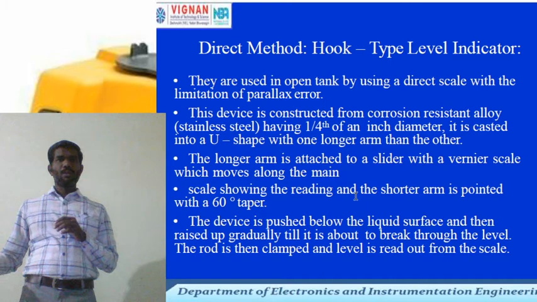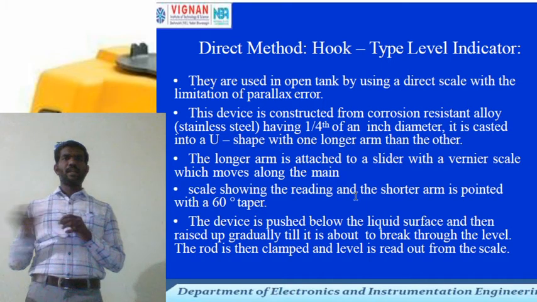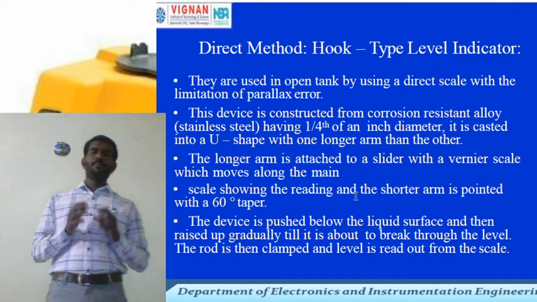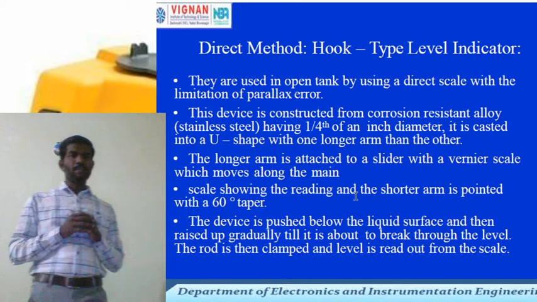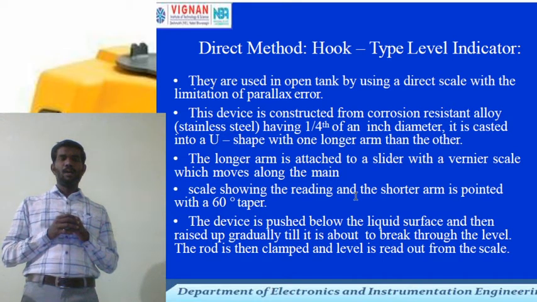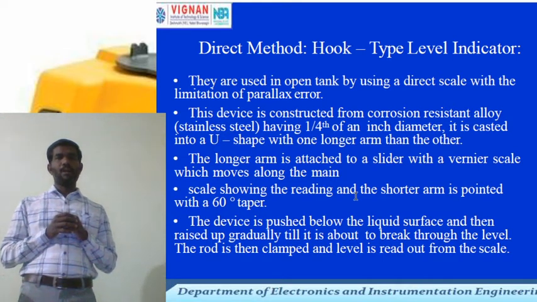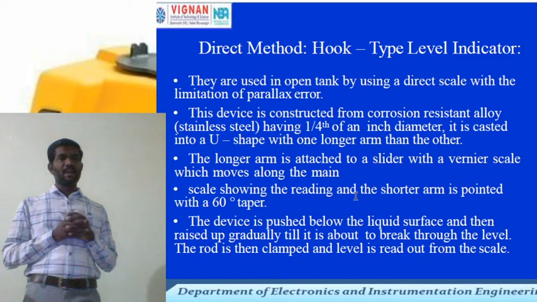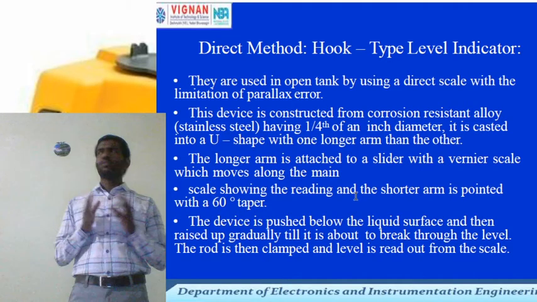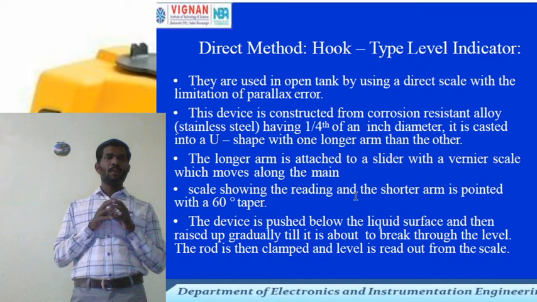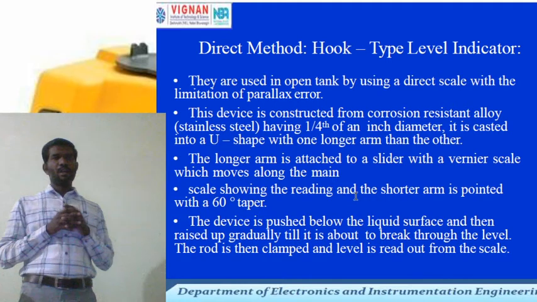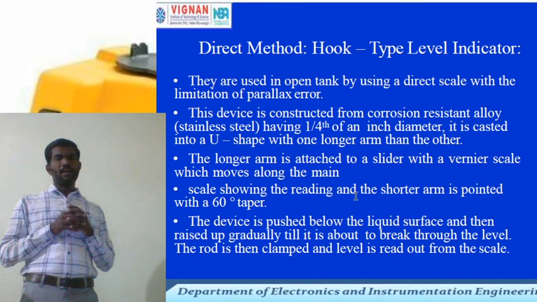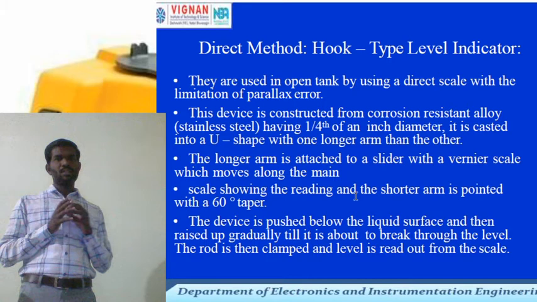In this direct type method, the hook type level indicator is one of the direct methods for level measurement. It is used for an open tank, using a direct scale with the limitation of parallax error. This device is constructed from corrosion resistant alloys like stainless steel, with a 1/4 inch diameter.